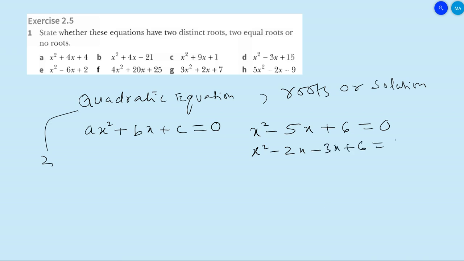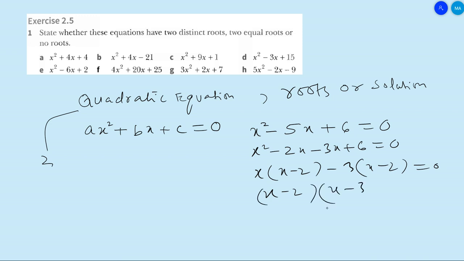I am solving this equation with the help of the middle term break method. So (x − 2)(x − 3) = 0, and from here the values of x are 2 and 3.